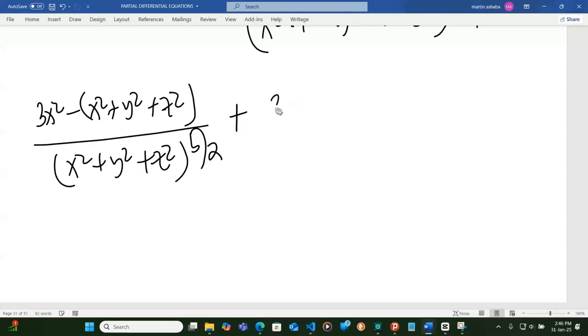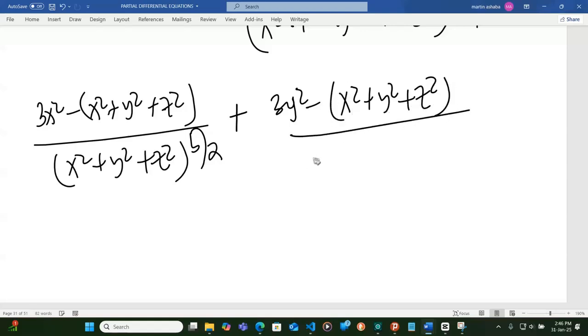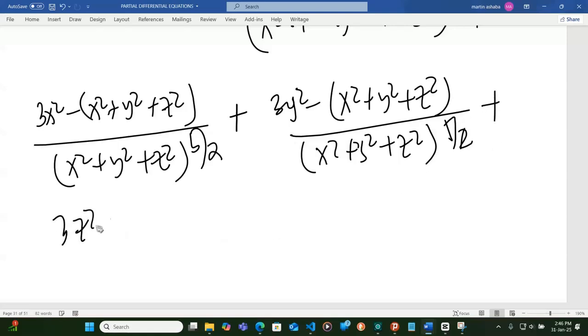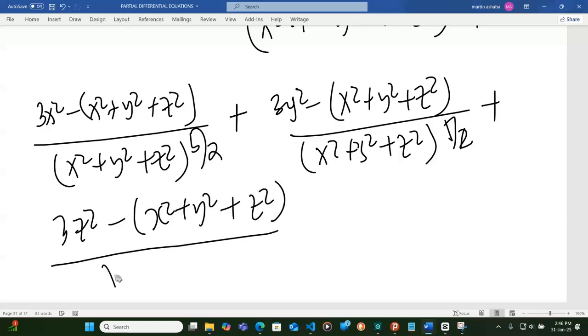I'm going to add 3y squared minus (x squared plus y squared plus z squared), everything divided by (x squared plus y squared plus z squared) to the power 5 over 2. Then I'm going to add 3z squared minus (x squared plus y squared plus z squared), divided by (x squared plus y squared plus z squared), everything again to the power 5 over 2.